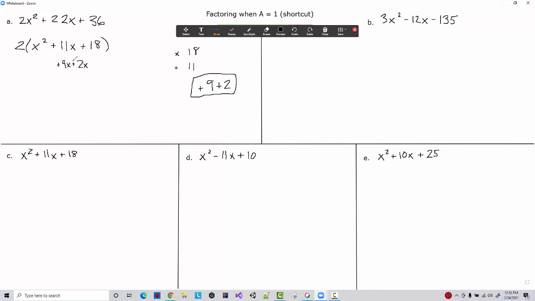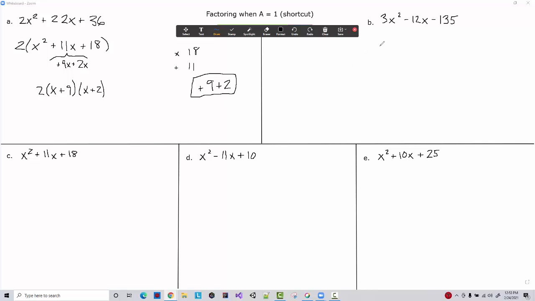I don't need to go through this process of breaking this middle term up to then work on factor by grouping, because at the end of all this, we leave our 2 out there, and this simply becomes x plus 9 times x plus 2. And if you're not quite sure why that is, go back and watch the previous video that was talking about using the AC method. In particular, the ones I'm talking about would be letter C, D, and E. Letter C, D, and E from that previous video use this method.